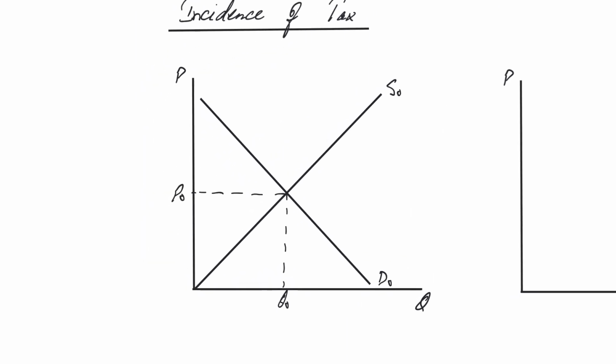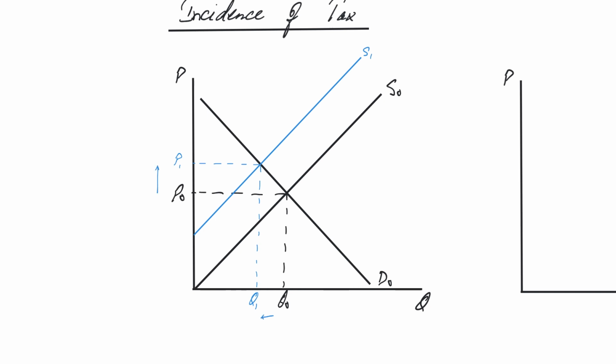Okay, now an indirect tax has been imposed. So as we just did, whatever the tax is, we're going to shift the supply curve upwards by the tax rate, or shift to the left. We have a new equilibrium price, and the quantity shifts to the left.